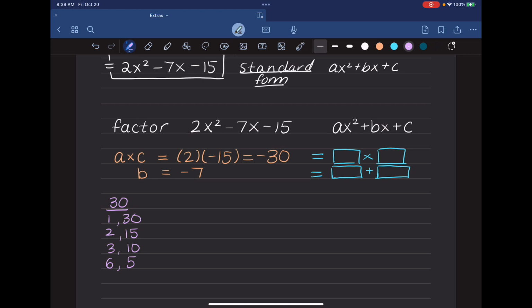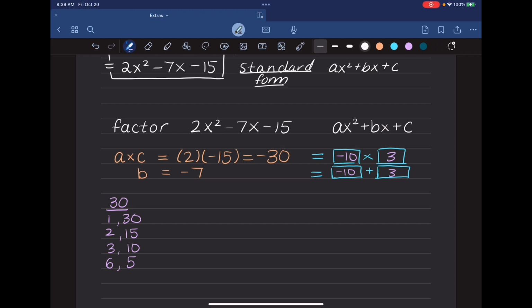And I'm trying to find a pairing that if I make one of them negative and one of them positive, so that the product is negative 30, I want the sum of them to be my B term. Well, if I take 3 and 10, I know I can make a negative 7. So I take negative 10 and 3, that gives me a product of negative 30. And if I take negative 10 plus 3, that for sure gives me my negative 7.